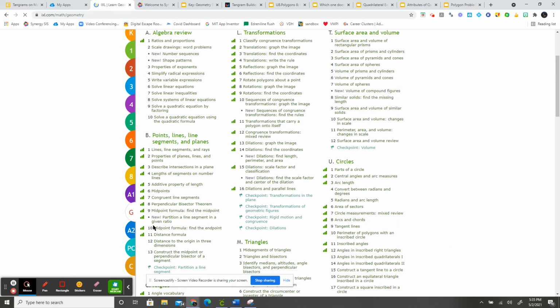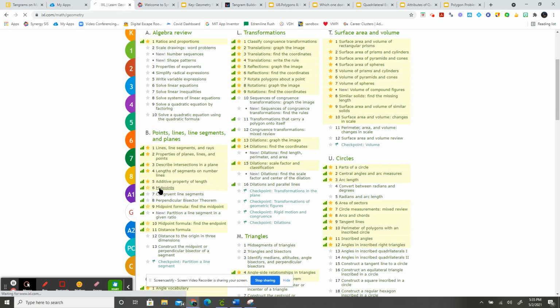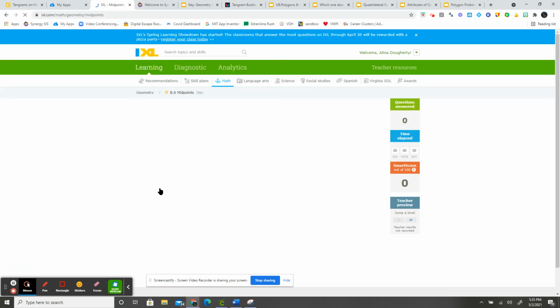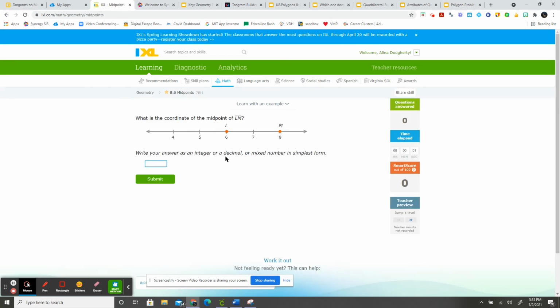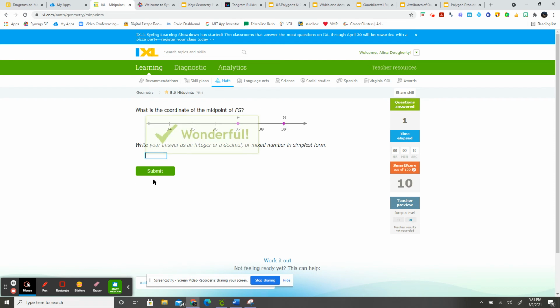So B6 will give you a little bit of practice with midpoints. Remember, midpoint is the exact center of something. So if I have 6 and 8 on a number line, the exact center is 7. And if I have 37 and 39, the exact center is 38.